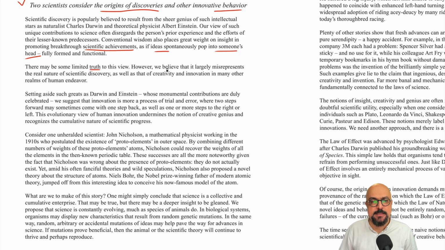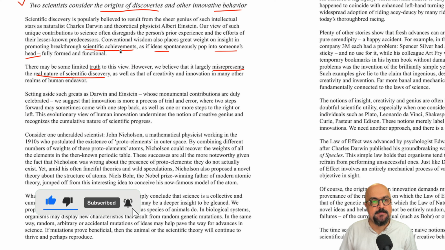Wait a second, misrepresents the real nature of scientific discoveries. Okay. So it's about ideas popping in somebody's head, but it seems like it is not true because of the word however. Okay, next paragraph.